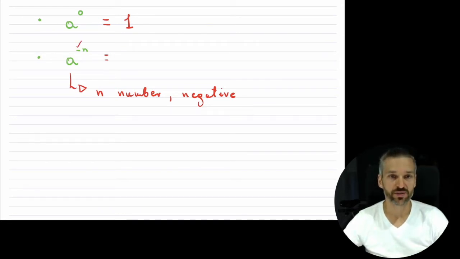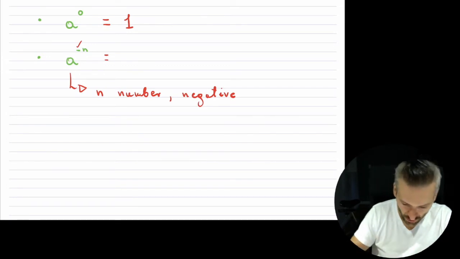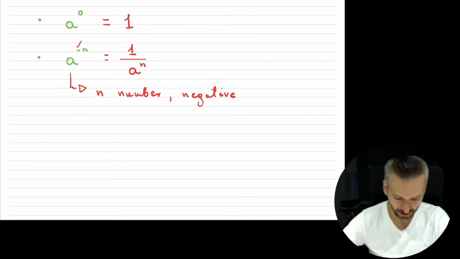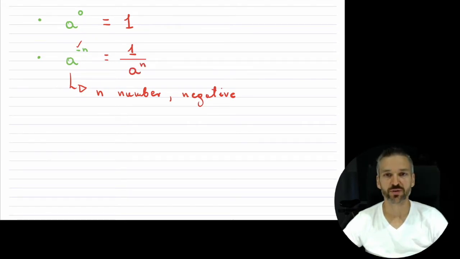So what happens? Negative exponents actually typically mean division. In general, when you have negative exponents, you can capture them with this particular law: 1 divided by a to the n, which comes from the division. So this is what happens.